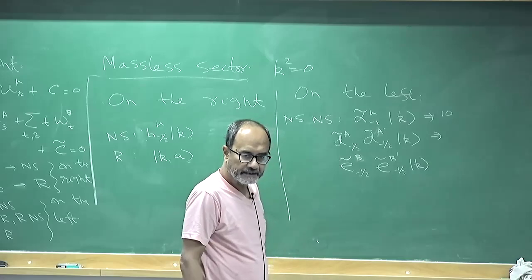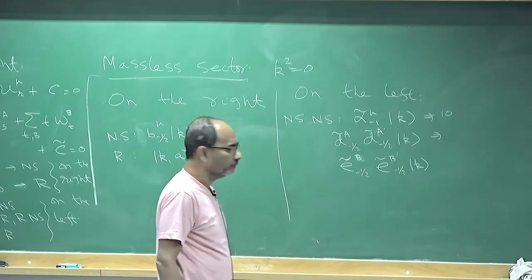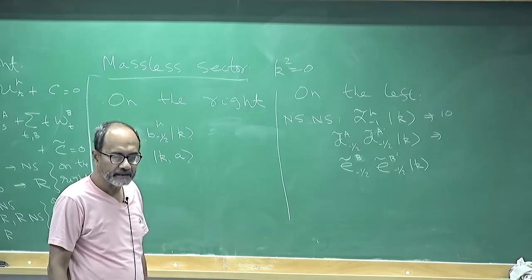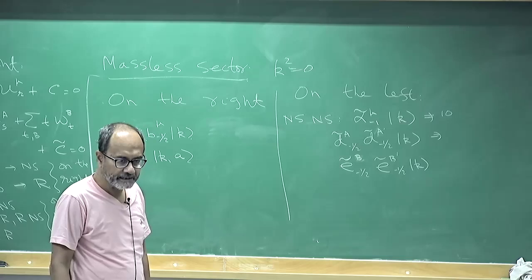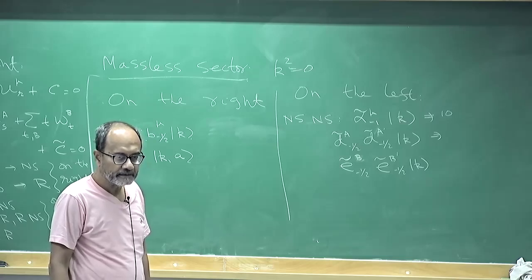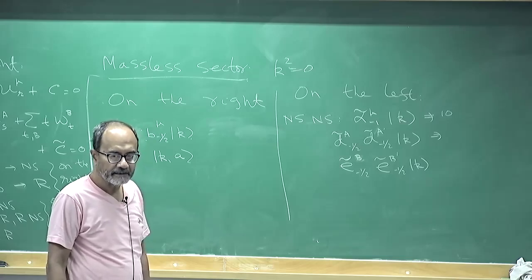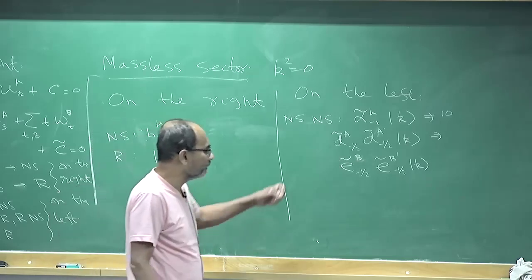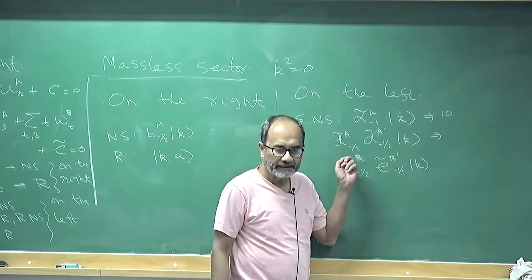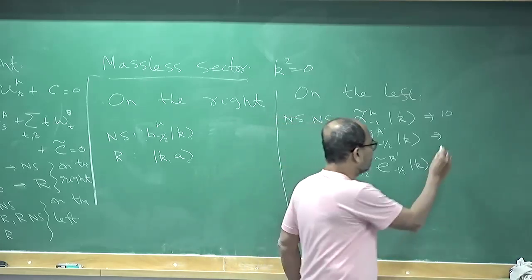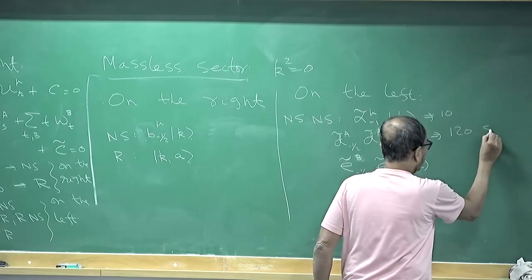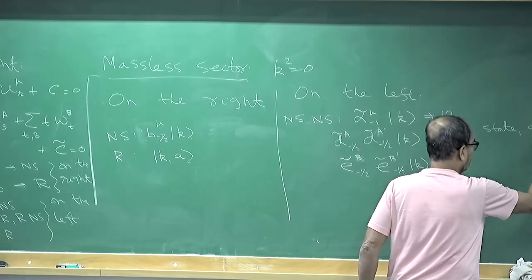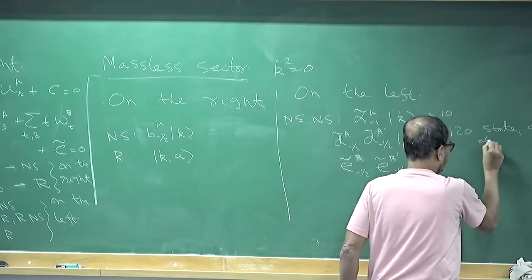But let's look at these. How many are there of this type? A runs from 1 to 16, and it's antisymmetric, right? 16 times 15 by 2. That's 120, right? So 120 states, adjoint of SO16-1.